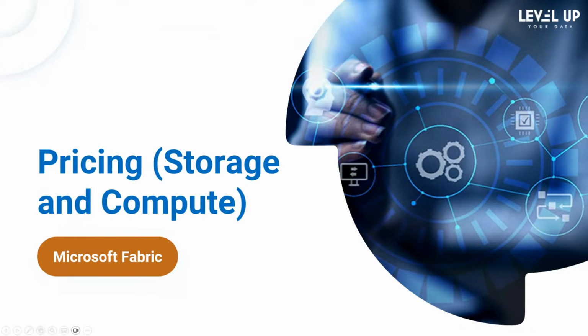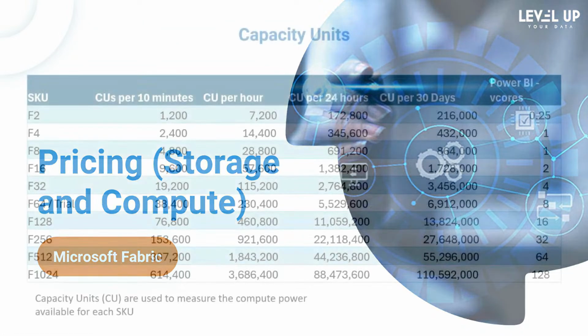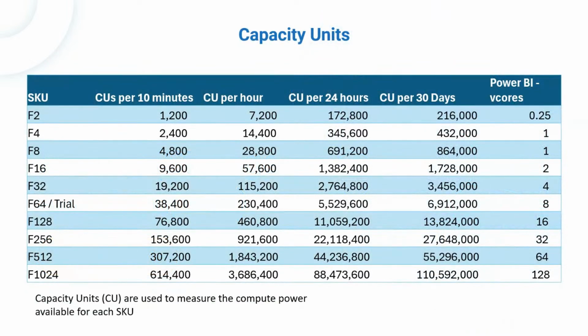The first one is that within each SKU in Microsoft Fabric, which is like a different tier within the Microsoft Fabric capacity, you will get different capacity units per second. And you can see that the SKU name is basically the combination of the F for Fabric and the number of capacity units that you get per second.